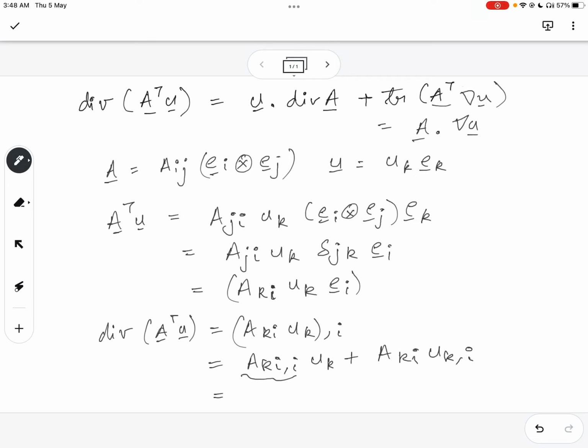This is nothing but divergence of A, and Aki, so k is the free index in this quantity, and here also it's k. So this is the dot product, plus, and what is this? This is a tensor Aki, and this is also a tensor Uk comma i. So this is A dot gradient of U, since we have proved this identity.